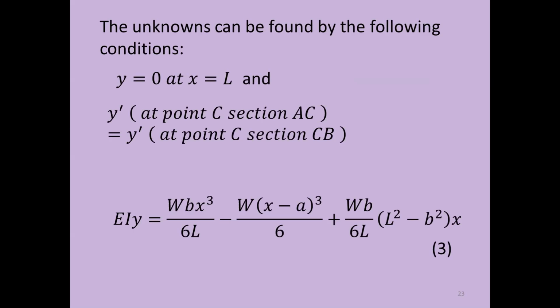And kindly notice that this particular expression happens to be a cubic expression because there is a term containing x raised to power 3. There is going to be a quadratic term, that is x raised to power 2, also in the expression once we expand the second term on the right of the equality sign.